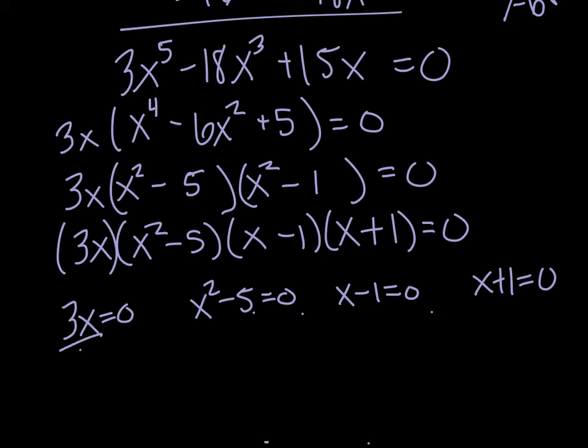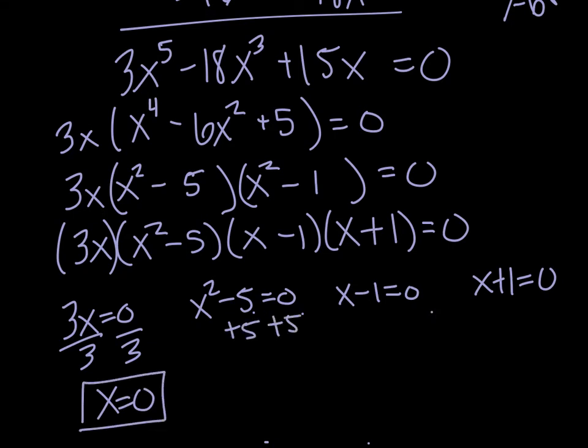So here, all we're going to do is divide by 3 and get x equals 0. Here, we're going to add 5 and get x squared equals positive 5. We're not trying to solve for x squared. We're trying to solve for x. We need to undo that power of 2.